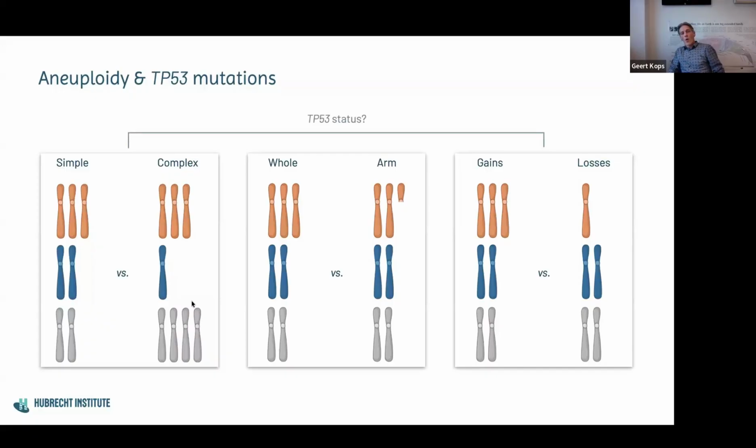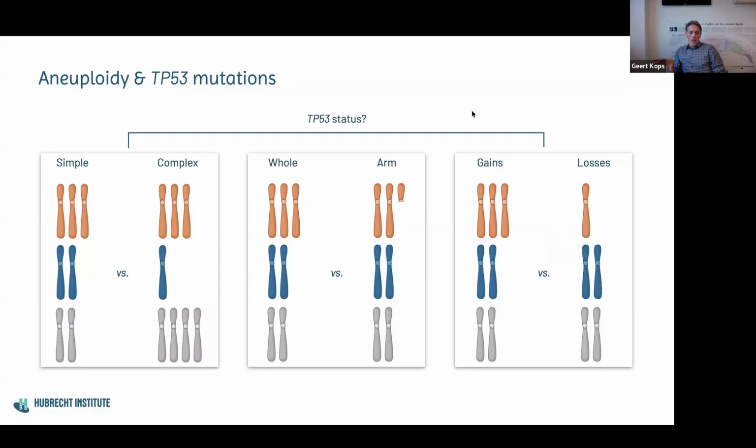And then, of course, you would have whole chromosome copy number alterations versus arm level. And these arm level alterations, of course, require DNA breaks with which p53 might be more associated than whole chromosome alterations. And finally, we also looked at gains or losses. So it doesn't matter whether or not you gain chromosomes or lose chromosomes.